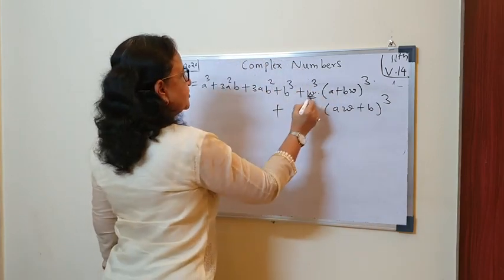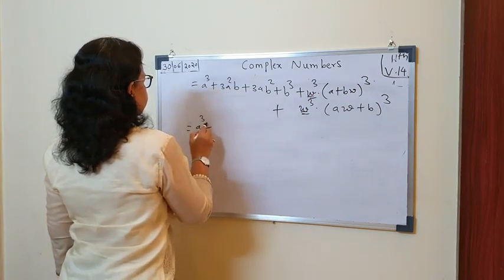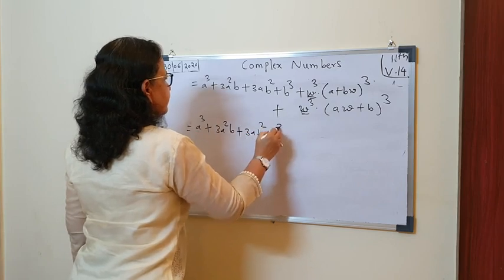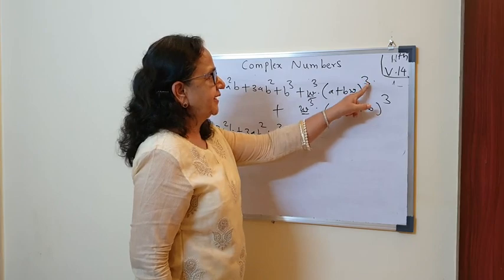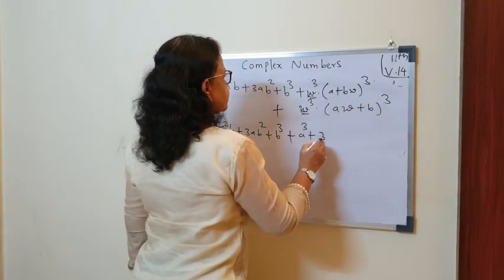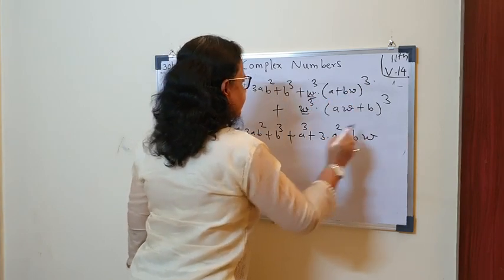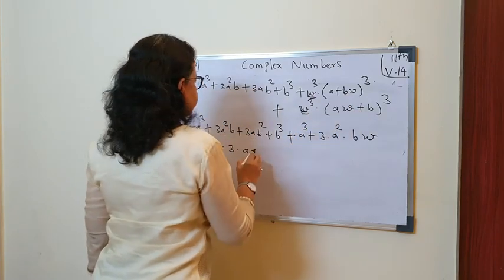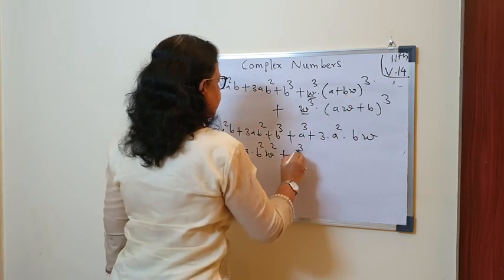Now you know omega cube is always 1. So this is 1, this is 1. So I get first term a cube plus 3a square b plus 3ab square plus b cube. Now this is 1, so we have to forget this. (a plus b omega) bracket cube. Again formula. First term a cube plus 3a square into second term b omega plus 3a and second term square b square omega square and now last term cube b cube omega cube.